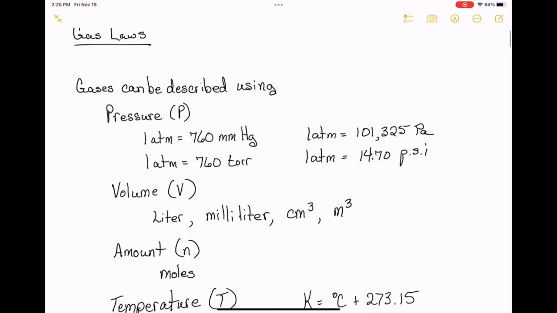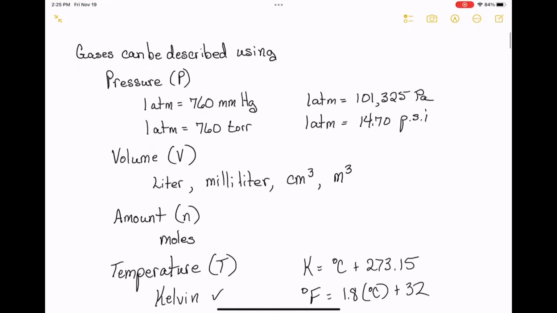The third variable is the amount of gas, and we will be using moles. I mean, that's our go-to is moles.